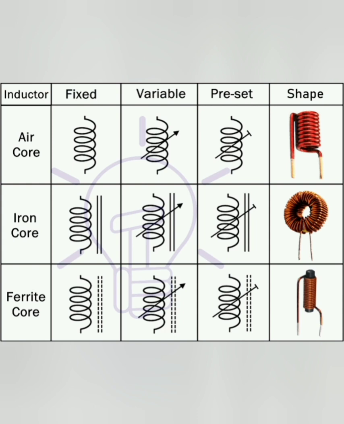Then the ferrite core, in here a special ferric oxide material is used in the core. In this case we can reduce the cost, and also losses like hysteresis and eddy current losses will be reduced in this ferrite core inductor.